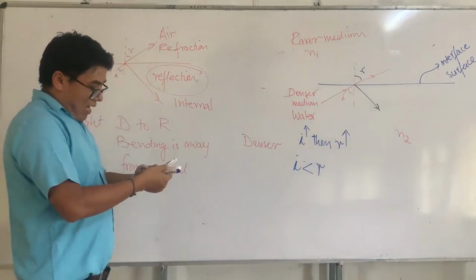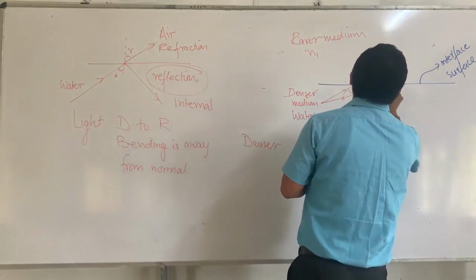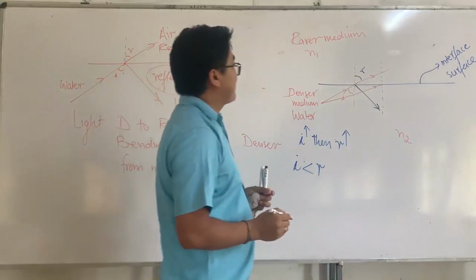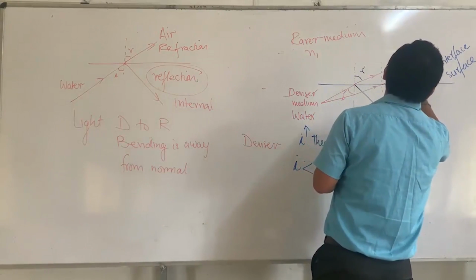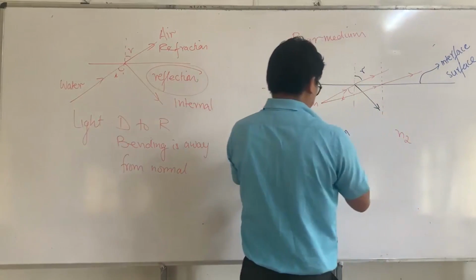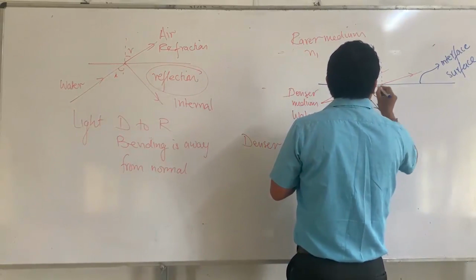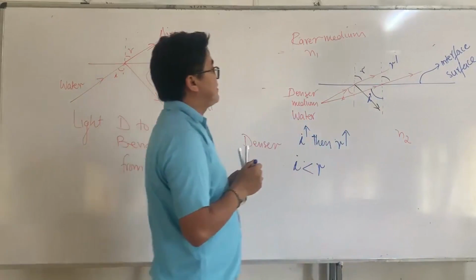So therefore, again I am going to set a light with a little greater angle of incidence. Then you see refraction, with, let's say, this angle of incidence I prime and angle of refraction R prime.